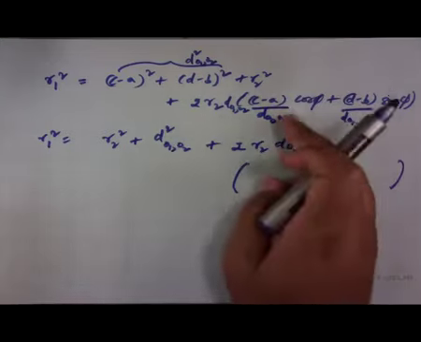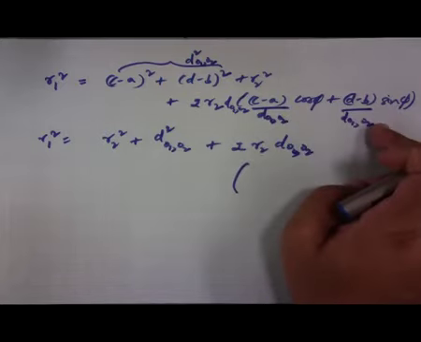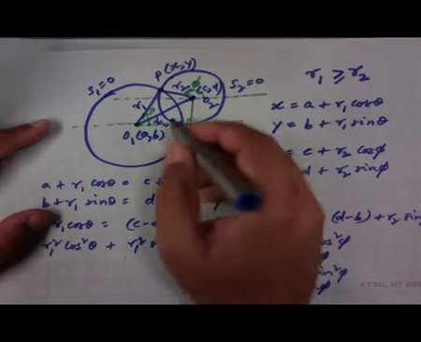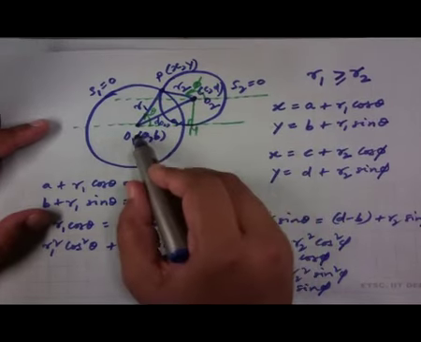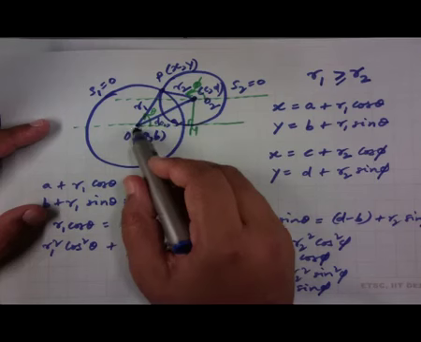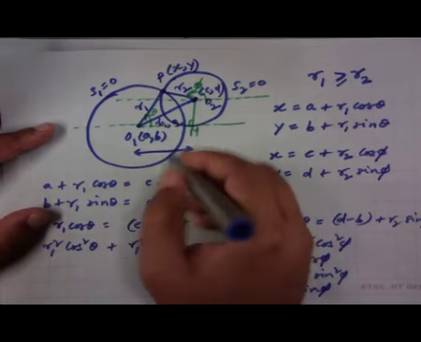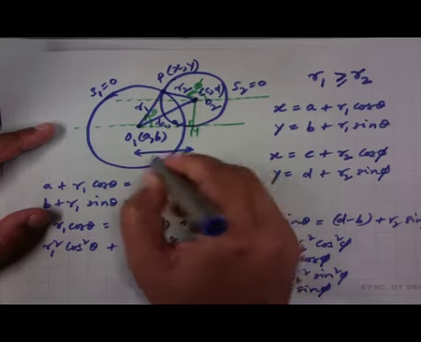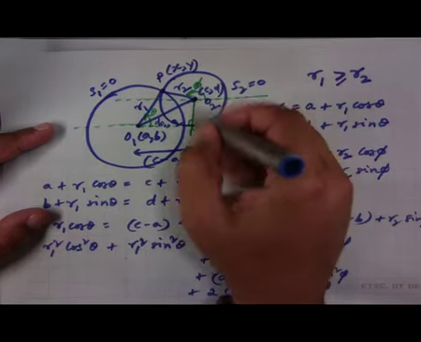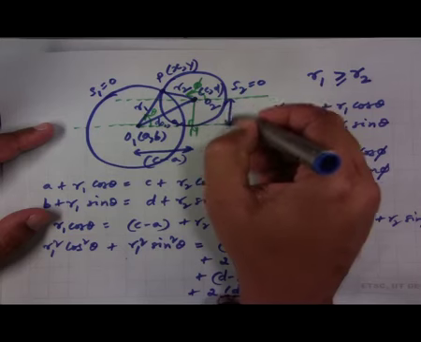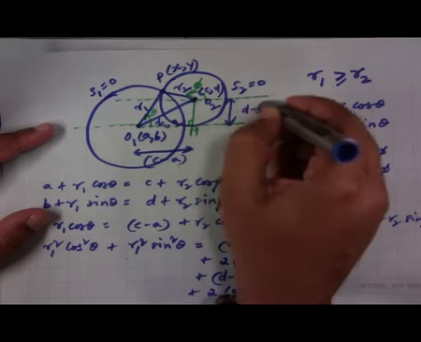Now, let us see what these two terms are, c minus a by d O1 O2 and d minus b by d O1 O2. If we go back to the previous figure, what we see is that if we focus on this right angled triangle O1 O2 M, then O1 M is nothing but c minus a, and O2 M is nothing but d minus b.